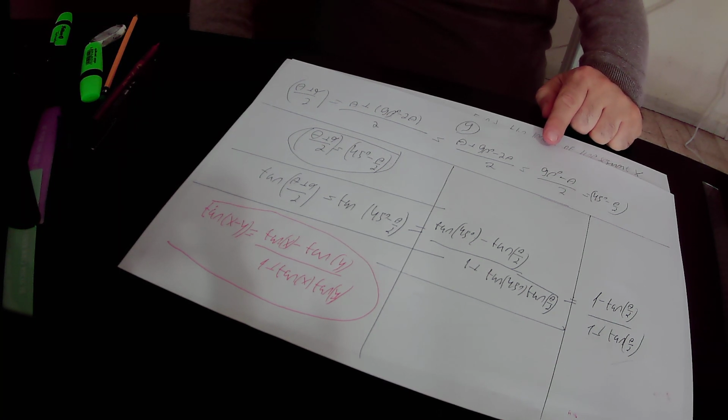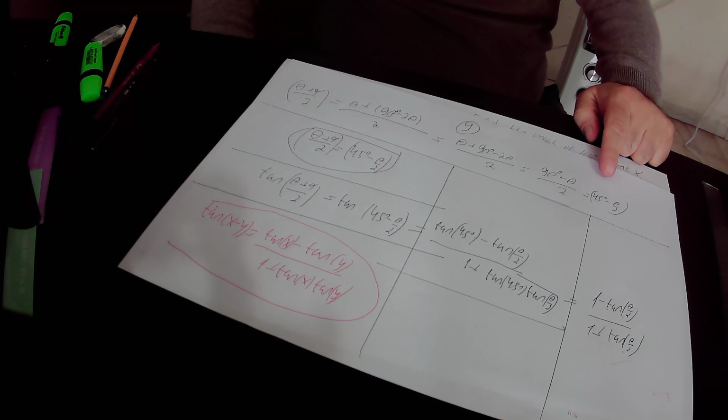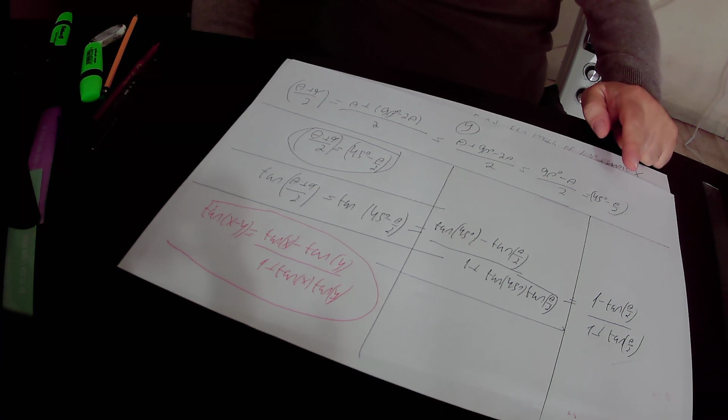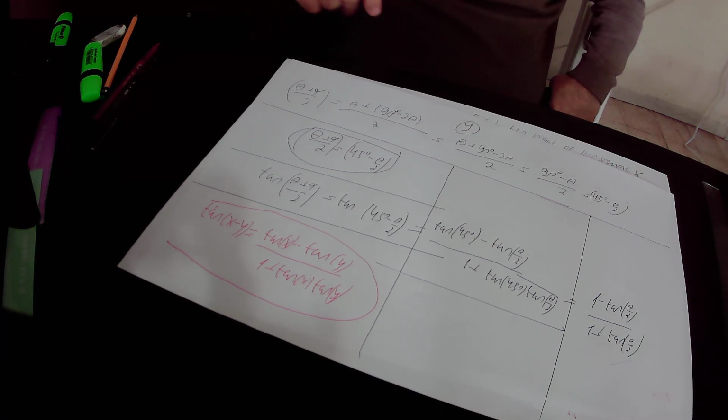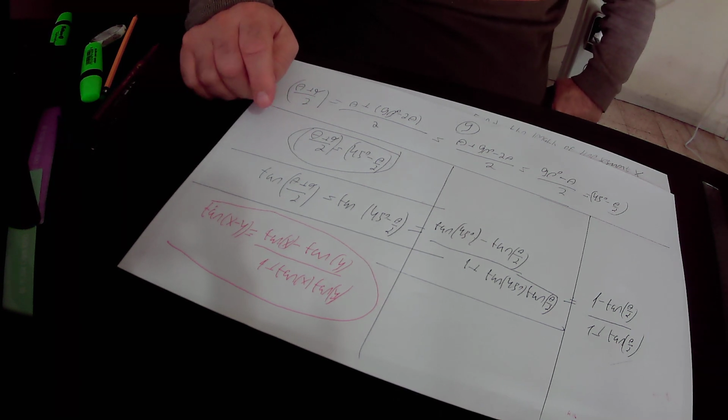We have theta and 90 degrees, and theta minus 2 theta is minus theta. In conclusion, (theta + alpha)/2 equals (90 degrees minus theta) over 2. 90 degrees over 2 is 45 degrees, and here we have minus theta over 2. So (theta + alpha)/2 equals 45 degrees minus theta over 2.